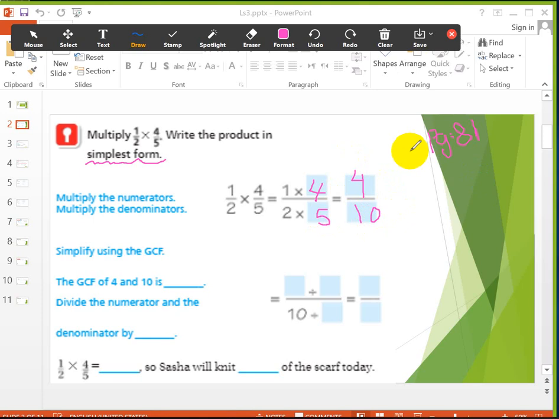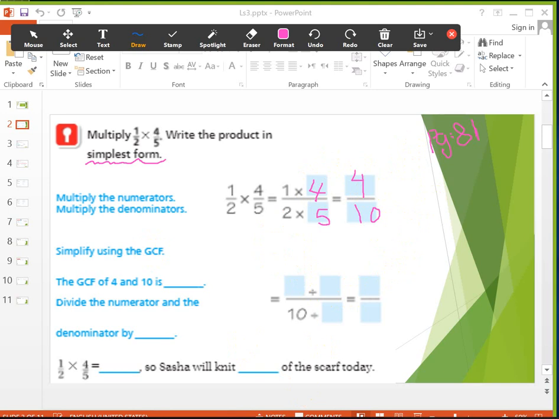Now, this answer, 4 over 10, is the answer for multiplication. Is this answer in the simplest form? To know if the answer is in the simplest form, I will look at the numerator and denominator and ask myself, is there any greatest common factor between numerator and denominator? Yes, thank you, Lamar. There is a greatest common factor. Why?